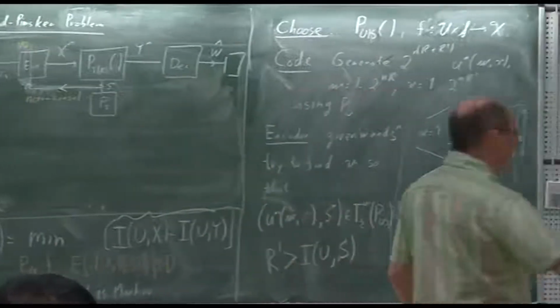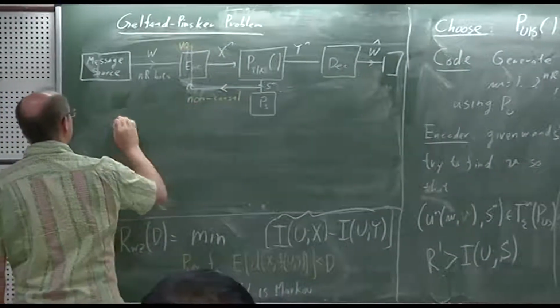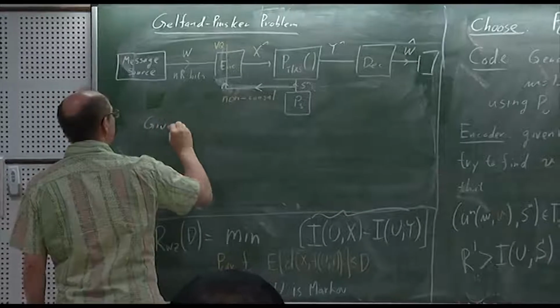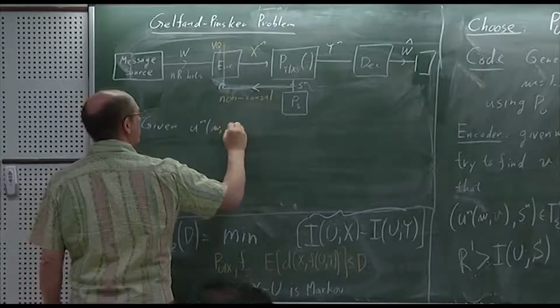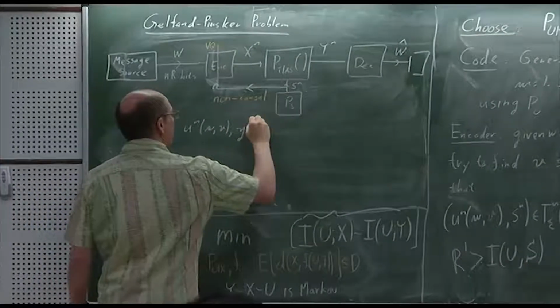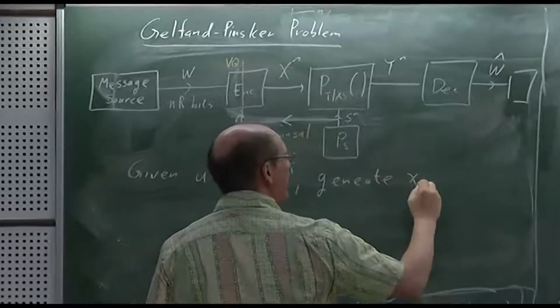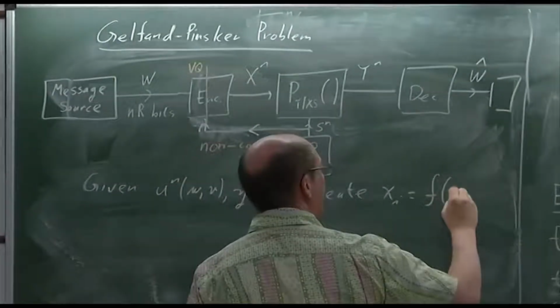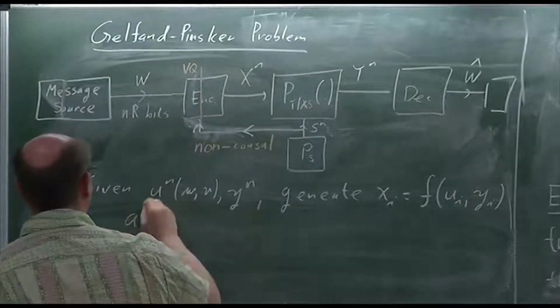Now we've generated our U, but we're not completed with the encoding, right? So now given U^n(W, V) and S^n, generate X_i equals f(U_i, S_i) for all i, and that's what we transmit.